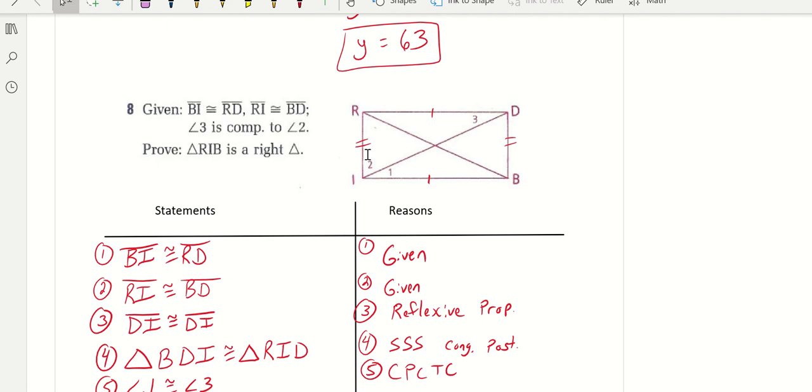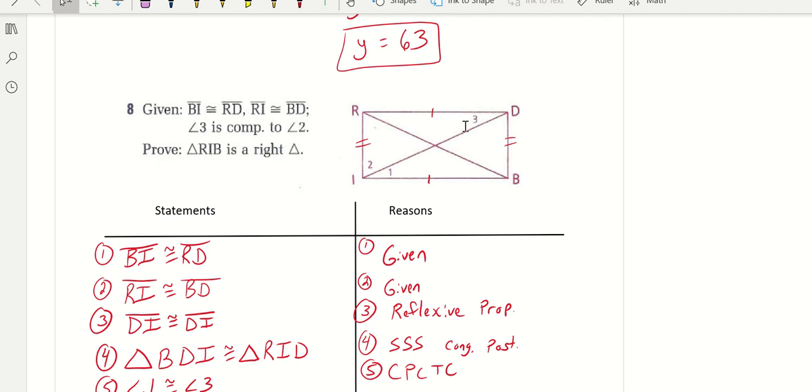If RIB is a right triangle, I'm assuming that 1 and 2 are going to be complementary, meaning the sum of angle 1 and angle 2 is going to be 90 degrees. So if I can somehow show that 1 and 2 are complementary, then RIB is going to be a right triangle.